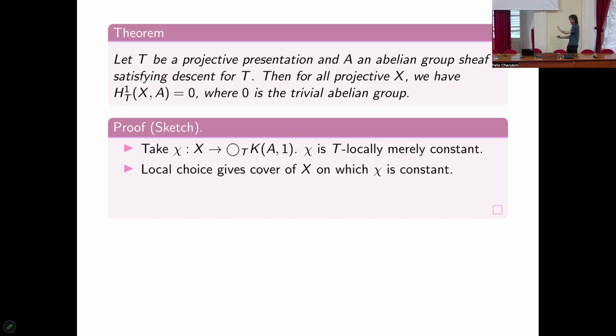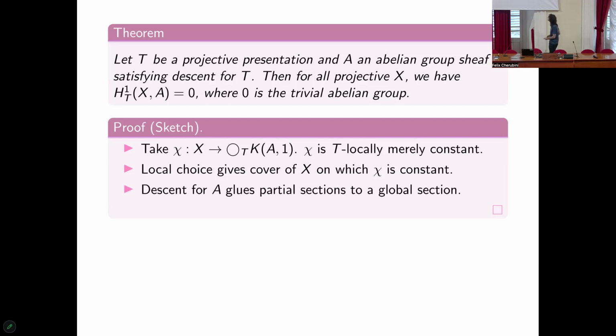Not on the type X itself, but on some cover. This doesn't actually show that this map is constant, but I wrote the descent condition so that it gives you this. So descent for A is precisely what lets you convert any locally constant function to an actual constant function, and that's it.